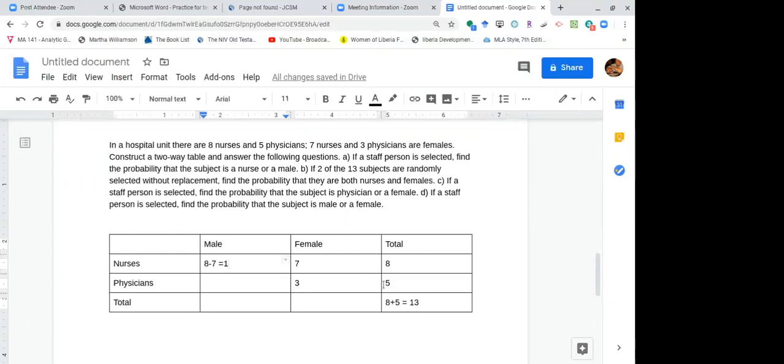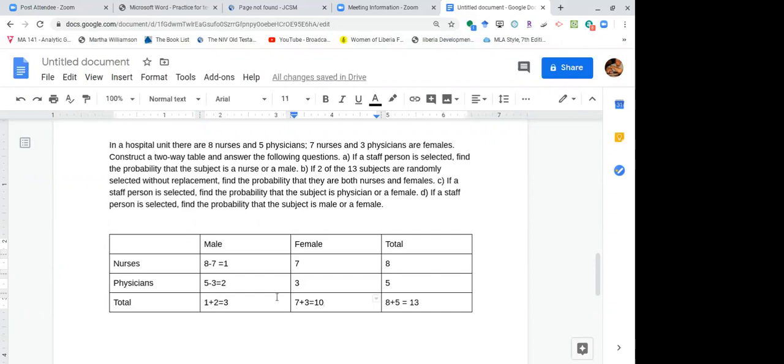So 5 minus 3 is 2. Then now you have all of your numbers, and go ahead and get your totals. So 1 plus 2 is 3, and 7 plus 3 is 10.